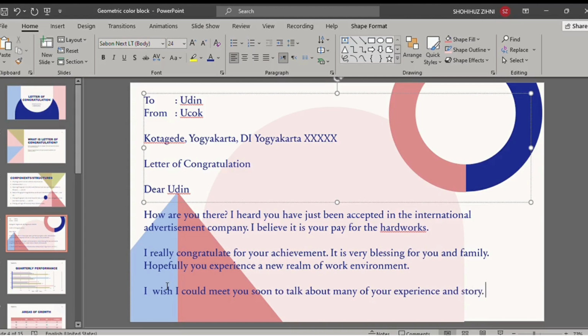Okay, this is a super easy way to close your letter through some wishes. You can also add some expressions again.